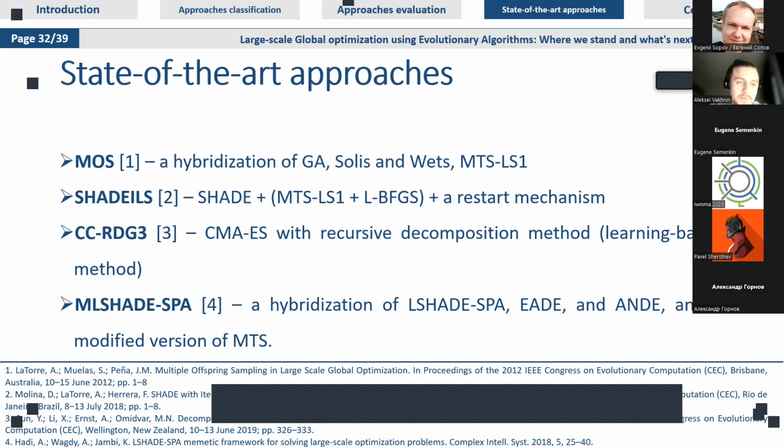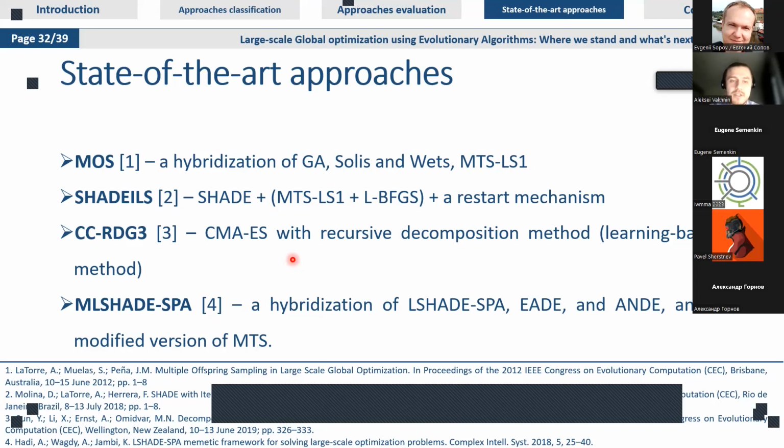For example, if the algorithm detects some stagnation or very slow convergence, it restarts the population and the parameters of the algorithm. Other algorithms you see are DG3, and before the run this algorithm tries to find interactions between variables and, if they are non-separable, put them in the same subcomponent.